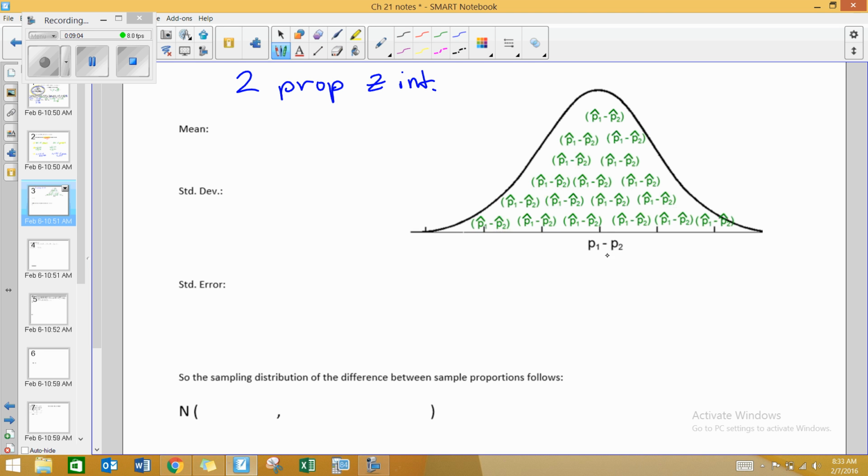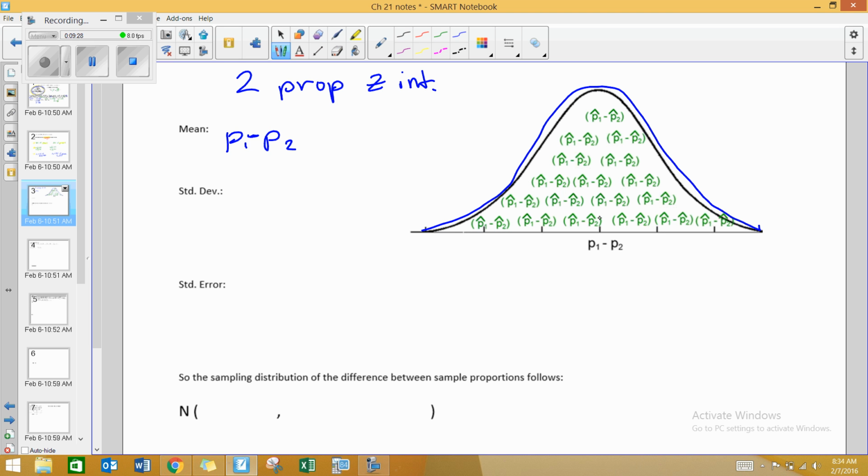So the distribution is going to be centered at the true difference, so p1 minus p2, whatever that difference is. So that's our mean. And we imagine this curve just like we imagined it for the last chapter, where all of these were little sample proportions in here.